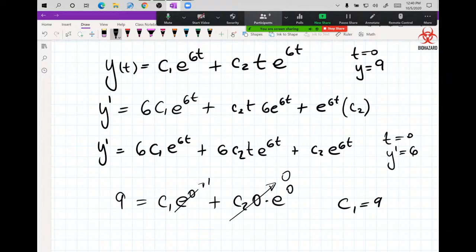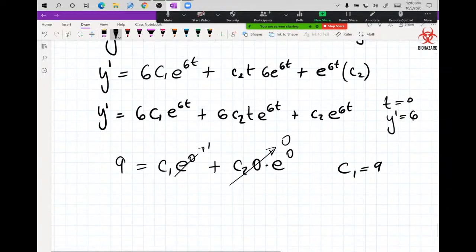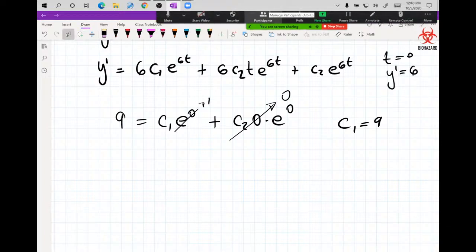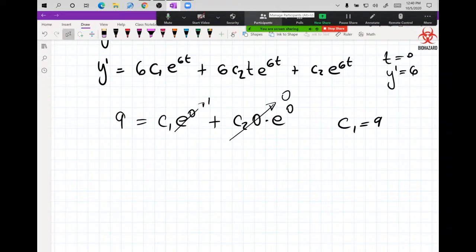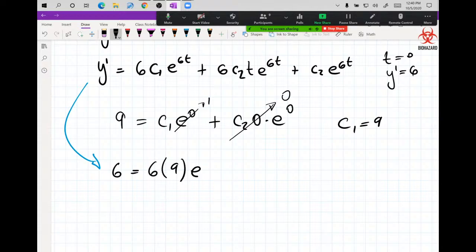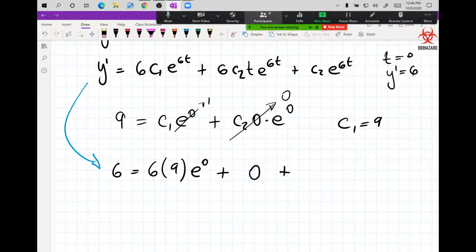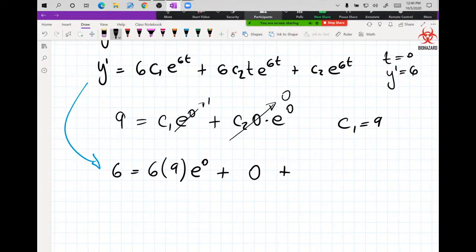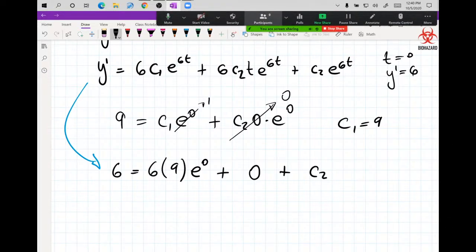And you don't have to solve the system of equations, because now you can feed all of this into your second equation. Your y prime is 6. Your 6 times c1, which is 9, e to the 0, plus this term is a big fat 0 because of the t right there. And now you have your c2 e to the 0.